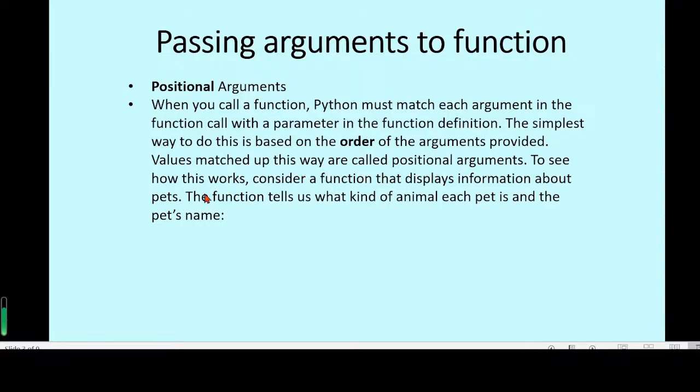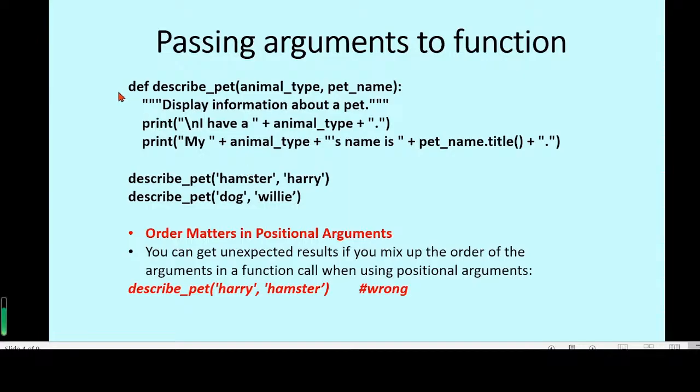To see how this works, consider a function that displays information about pets. The function tells us what kind of animal each pet is and the pet's name. We define a function called describe_pet with two parameters needed to run this function. First is animal_type, second is pet_name.